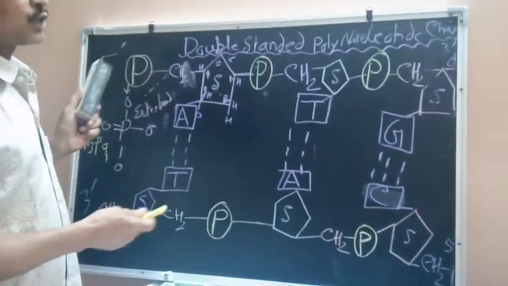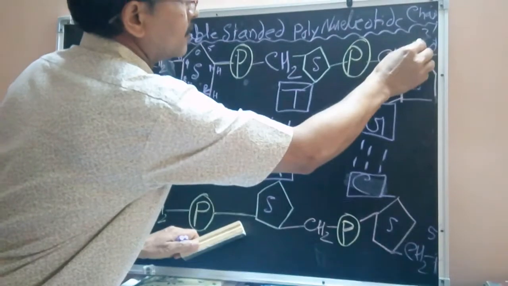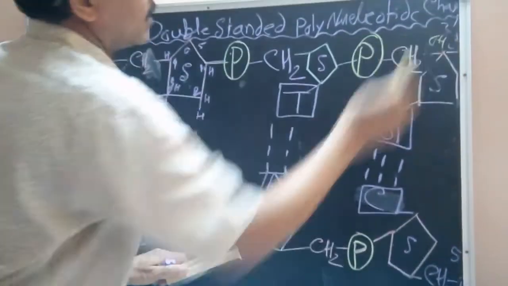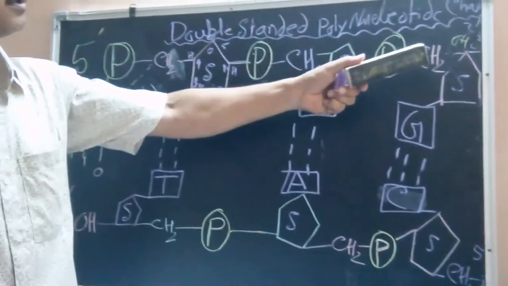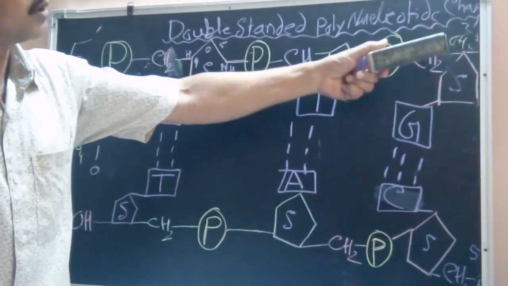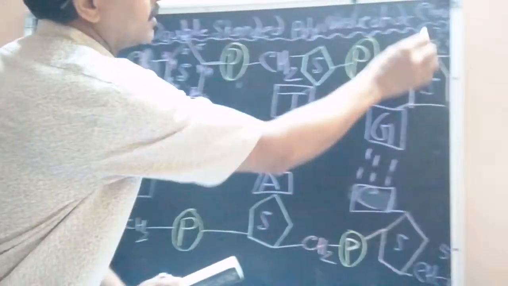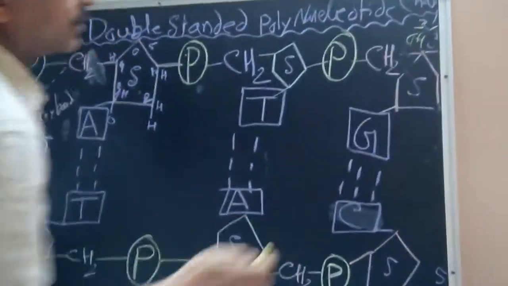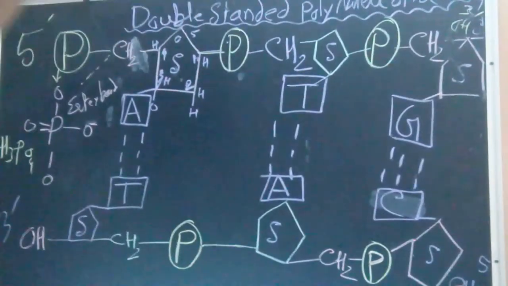And in the next part, the sugar consists of OH. That part of the sugar which has the hydroxyl group is called 3'. That means it is reversed, because this is a single polynucleotide chain.